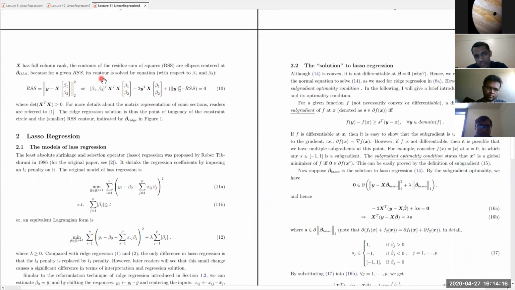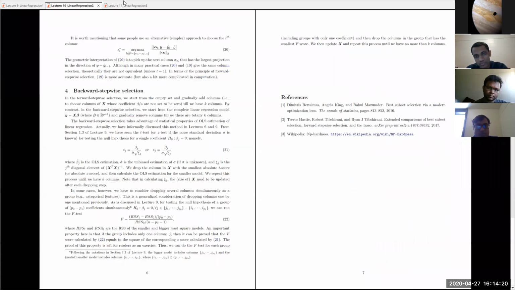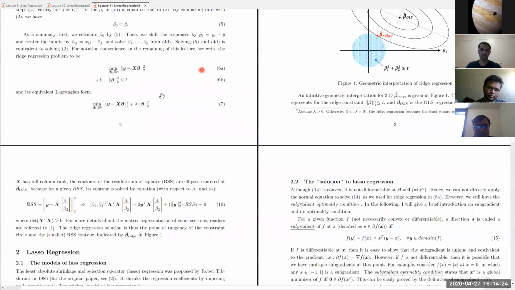And after today's class, please do read lecture 10, and also review the part of lecture 11 about ridge. Again, as I mentioned in the beginning, due to the time limit, I can't really show it step by step. However, as I wrote these lecture notes, I think it's going to be very clear.